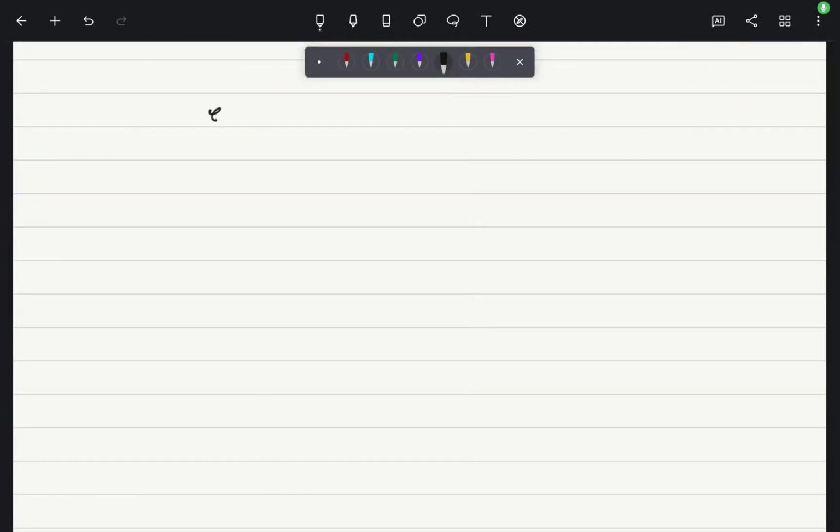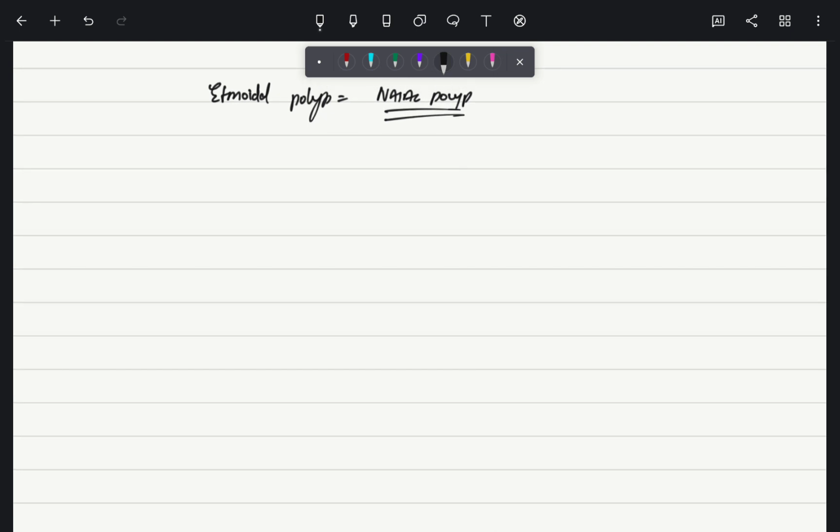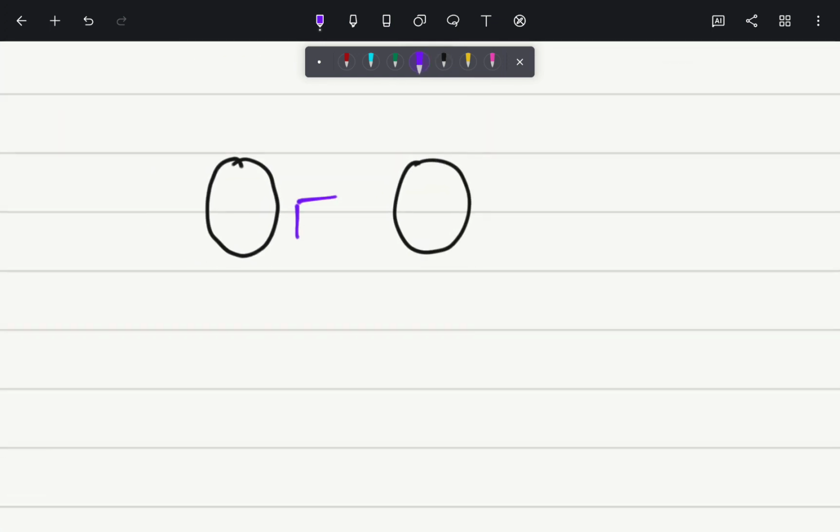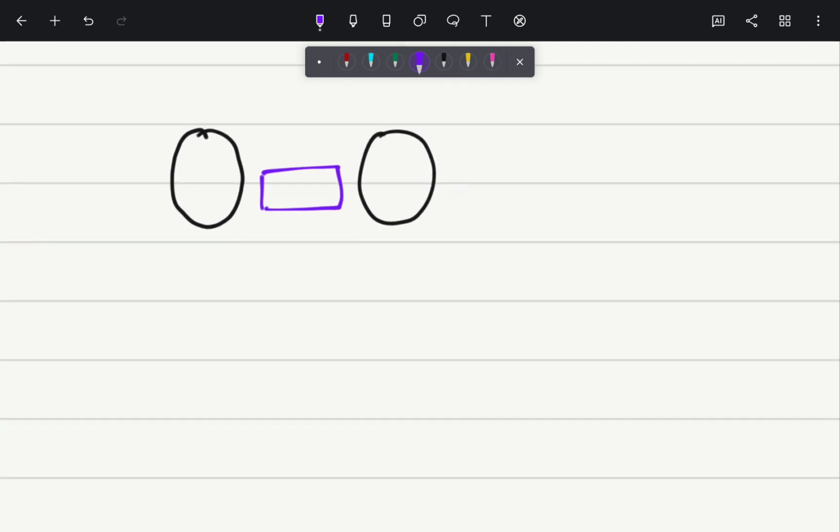Okay. Let's talk about the ethmoidal polyp, which is also called your nasal polyp. Okay, suppose this is the orbit of the patient. These are the two orbits of the patient, and in between the two orbits is your ethmoidal sinus, and below is your nose.